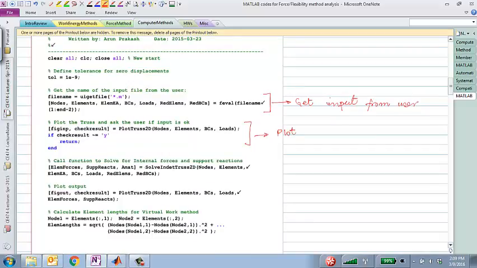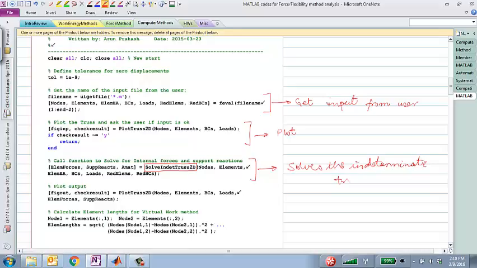This was the main call that I told you about, where we had placed the breakpoint in the MATLAB code. This one call solves the indeterminate truss. Once you do that, plot the solution.